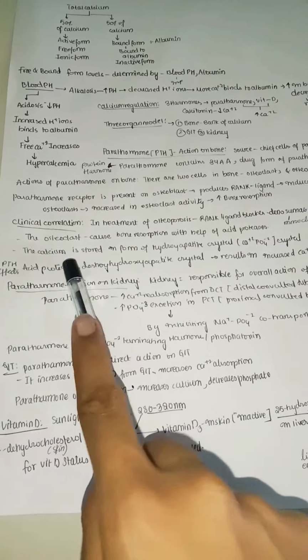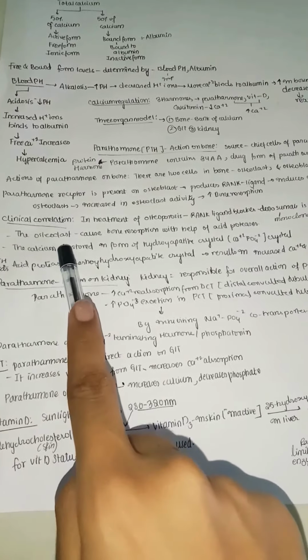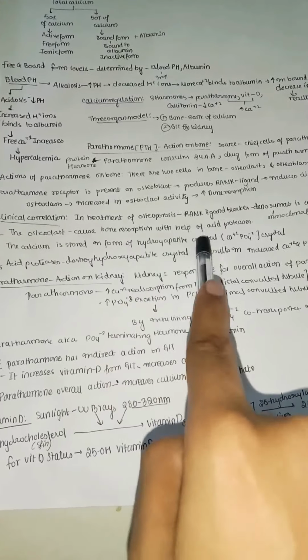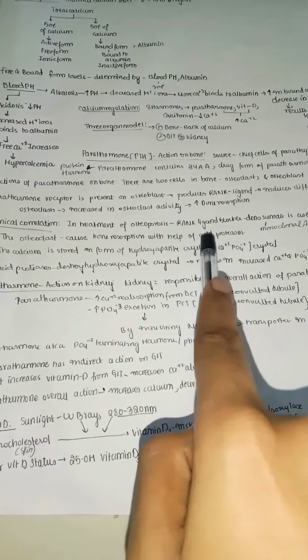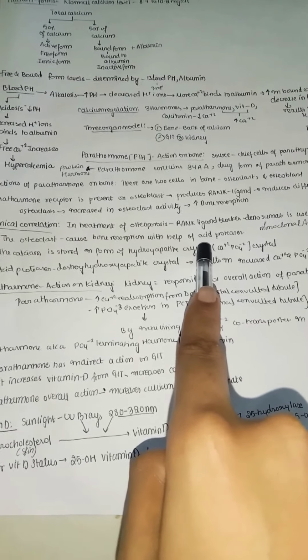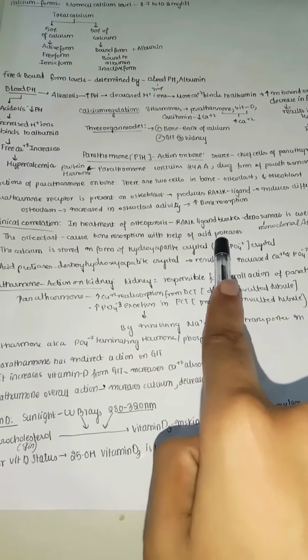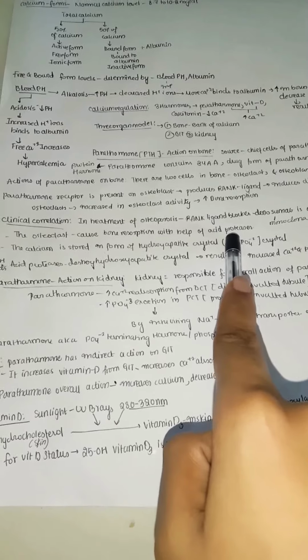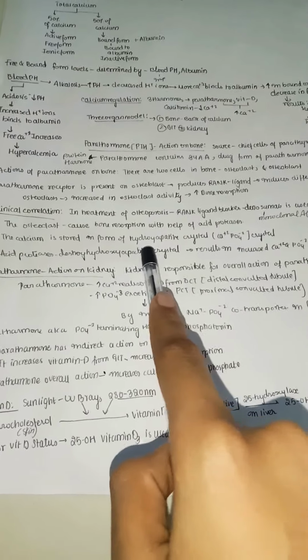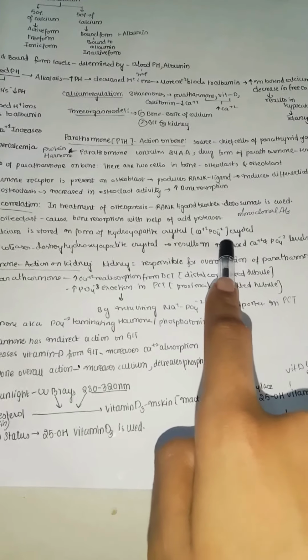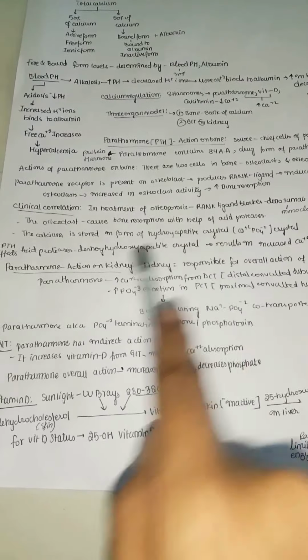Next, coming to the osteoclast. Osteoclasts mainly cause bone resorption with the help of acid proteases. The main proteins useful for bone resorption are the acid proteases present in osteoclasts. The calcium is stored in the form of hydroxyapatite crystals, that is, calcium phosphate crystals normally.